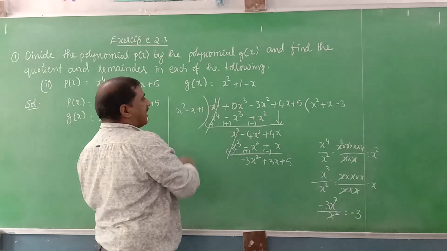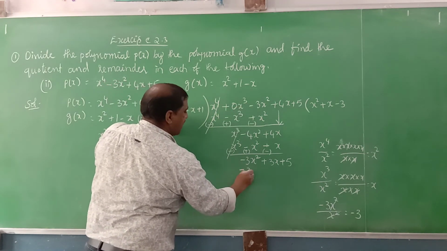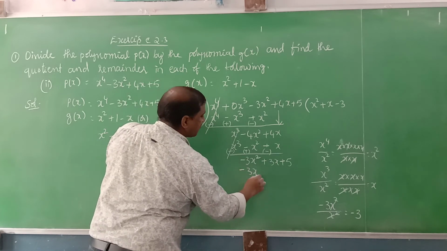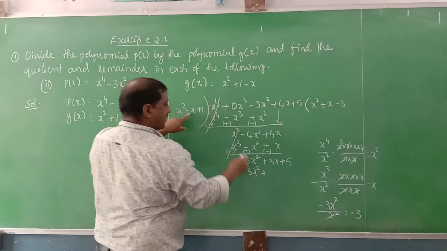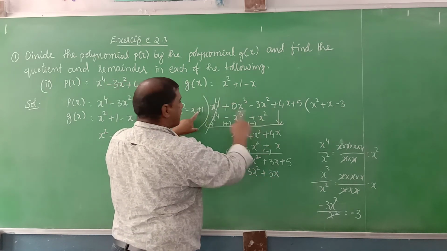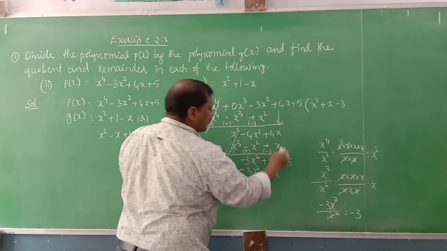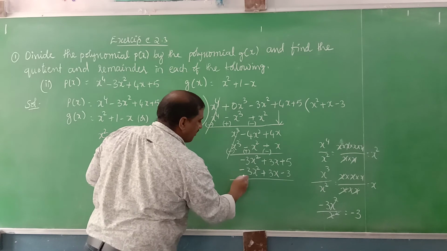Now multiply with minus 3. Plus into minus, minus. 1 into 3 it is 3x square, minus 3x square. Minus into minus it is plus. 3 into x it is 3x. Plus into minus, minus. 1 into 3 it is 3, minus 3. Now subtract. Minus sign, you get plus.